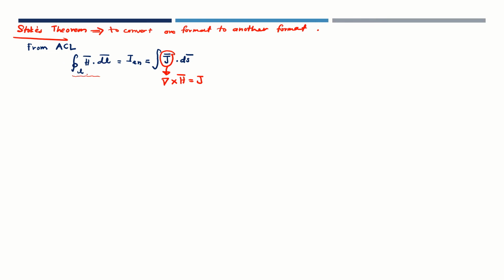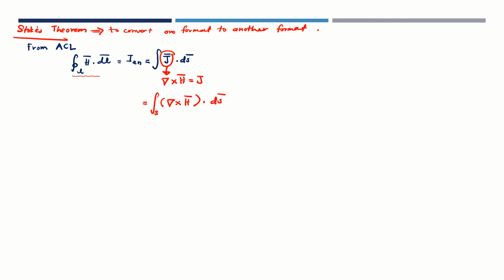We are actually converting from the line field to the surface field, and from here we can rewrite our equation, where S refers to the surface and L refers to the line: the closed line integral of H dot dl equals the surface integral of del cross H dot ds.